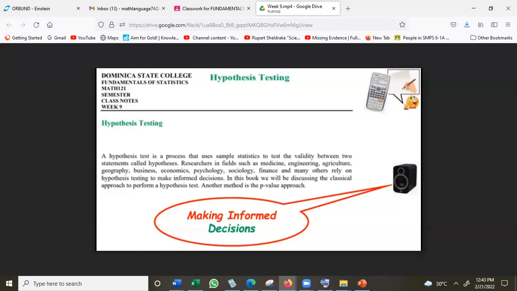Here, we will be discussing the classical approach to perform hypothesis tests, and another method, the p-value approach, which is not normally discussed here. So here we'll be talking about the classical approach.